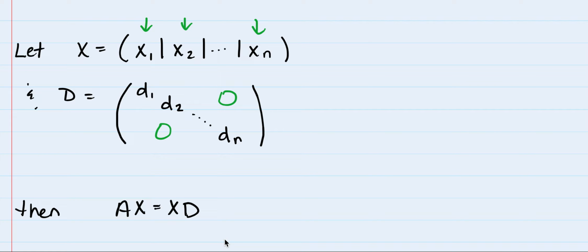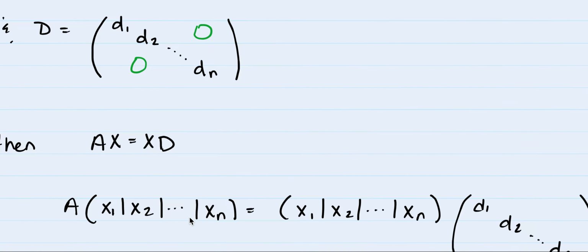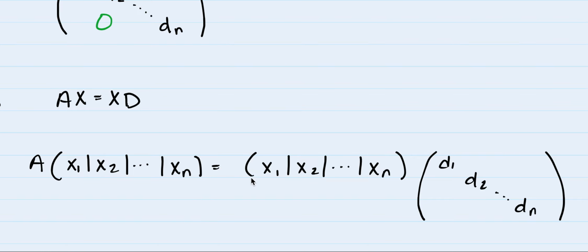And if we want to multiply A times X, and we get X times D, we can actually write this out. We see that A times X is equal to X times D, where X is partitioned into the columns. And here I've partitioned X in the columns again, and then I have my diagonal matrix. Now you have to remember something you can do when you multiply matrices.